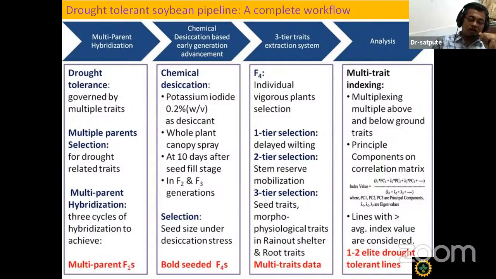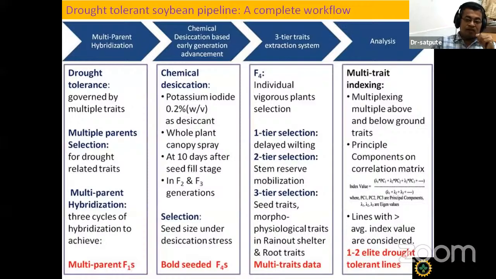Once this large amount of data is collected, the question is how to analyze it. So we go for multi-trait indexing, where multiple above-ground and below-ground traits are multiplexed using principal component analysis on the correlation matrix using SAS software.